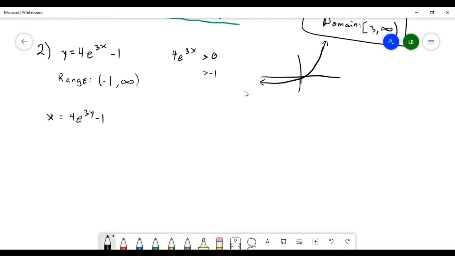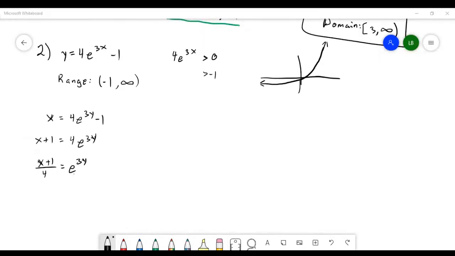We always want to move in reverse order of operations, which means we need to get rid of our addition and subtraction first. So x plus 1, if we add 1 to each side, equals 4e^(3y). Next is multiplication. So we get (x plus 1) all over 4 equals e^(3y). And now we can look at exponents. Do either of you remember how to cancel out an e?